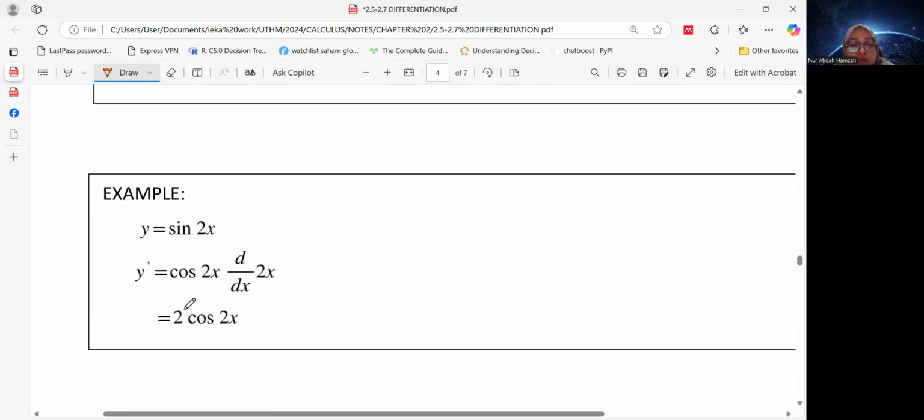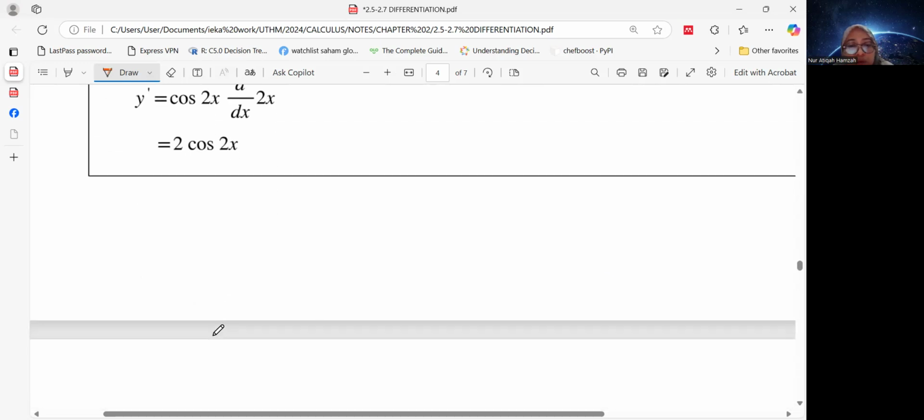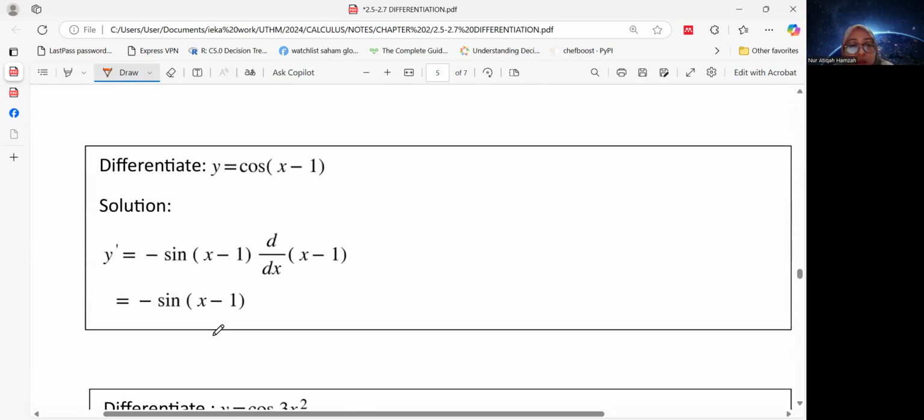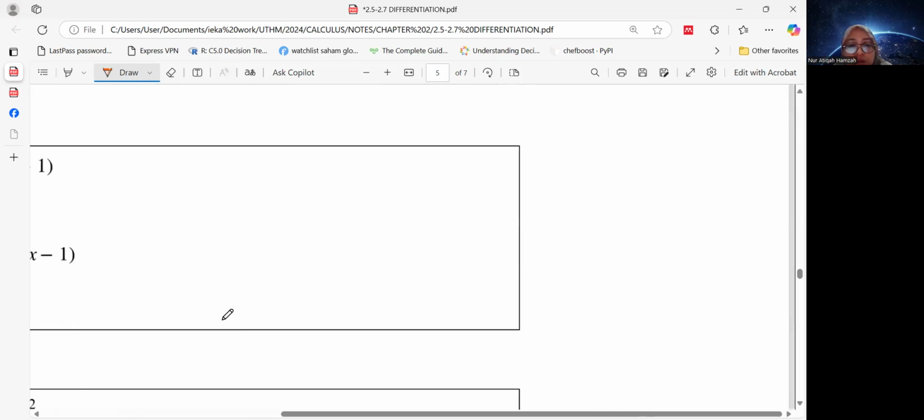So the answer will be 2 cos 2x. Okay, another example, differentiate cos x minus 1. Kita tahu kalau cos x dapat negative sin. So negative sin x minus 1, d over dx x minus 1. So x minus 1 dapat 1 right here. So it becomes negative sin x minus 1.